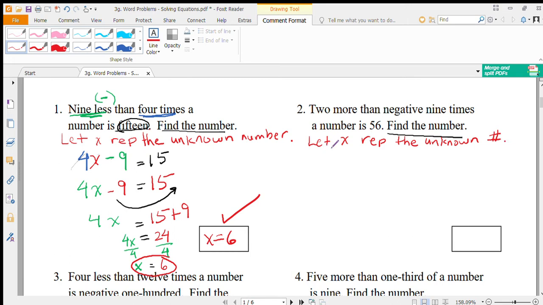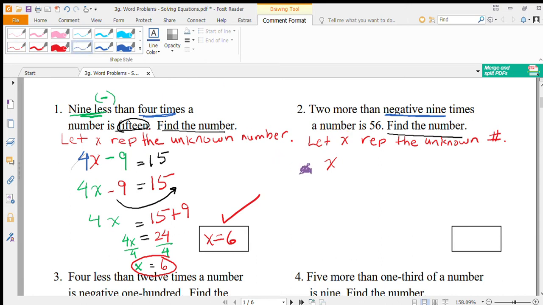Okay. Now once again, I'm going to come up with an equation and solve it. So I'm going to do 2 more than negative 9 times some number. So the number we don't know is x, right? And I know that negative 9 times a number, which is the number we're looking for.